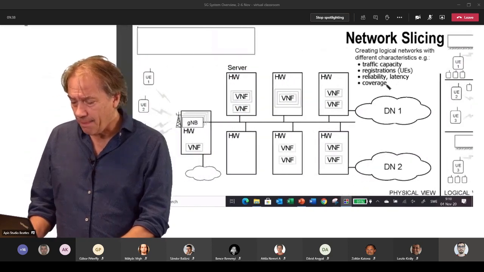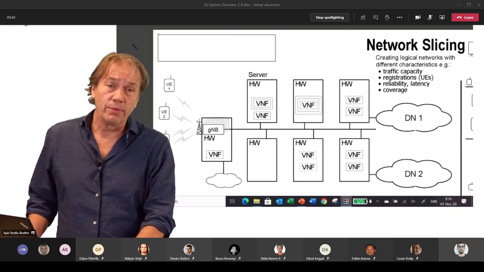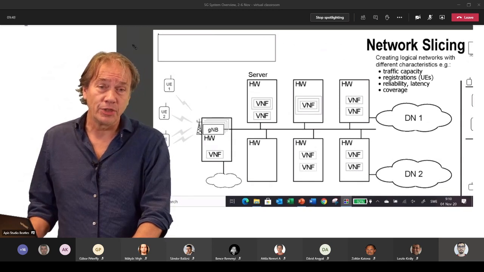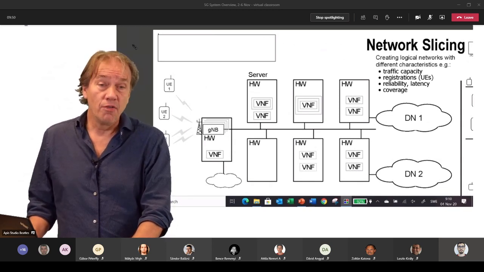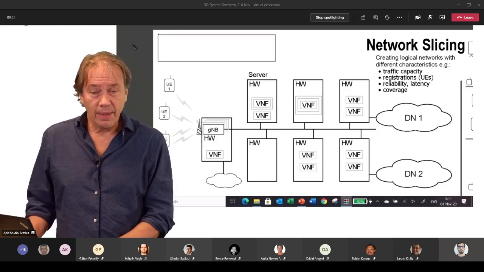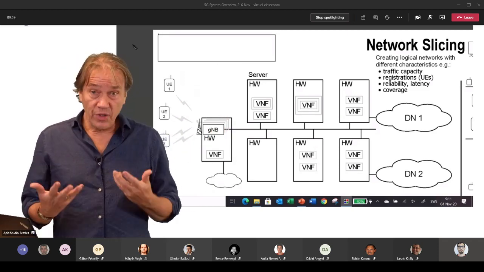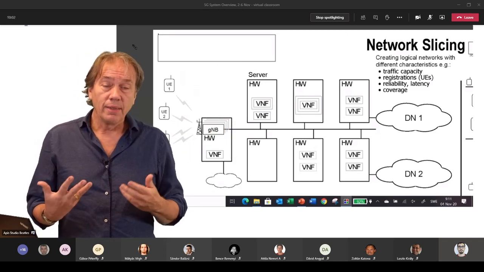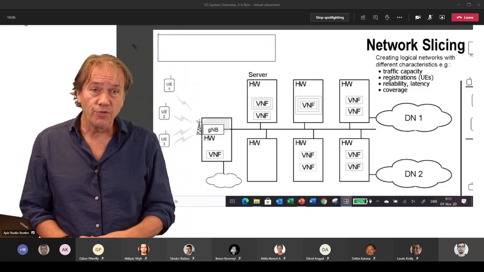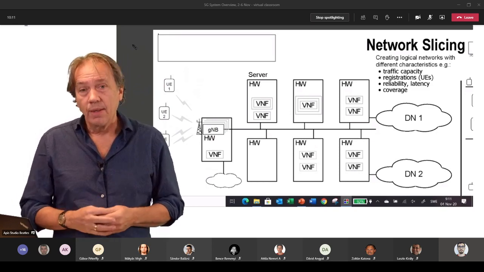And the way typically to create and manage network slices is to make use of virtualization and software-defined networking. So we can write up here in the box that NFV, network functions virtualization, and SDN, software-defined networking, is typically the tools we use for creating network slices and managing network slices.